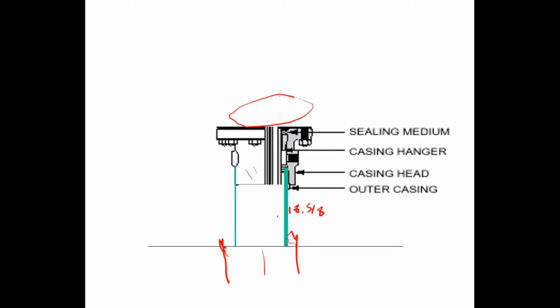And then we drill. Now we can use mud. Here, initially, all water. And we drill, go to the next steps, and then run the casing.